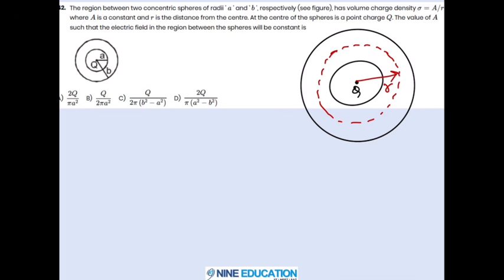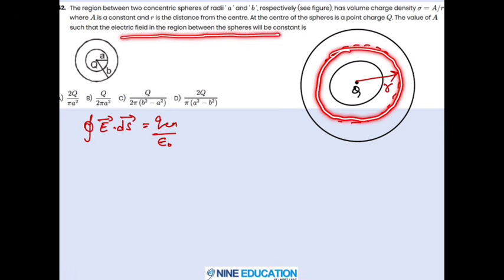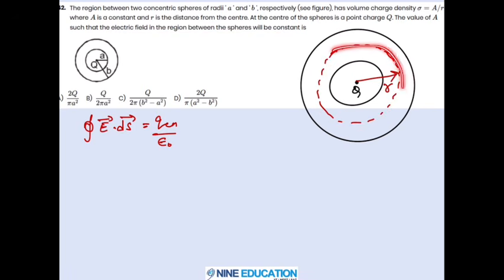So what is it? Closed integral of E dot ds is equal to Q enclosed by epsilon naught. Correct? Now it is clearly stating that the electric field in the region between the spheres, that is electric field on this Gaussian surface, because this Gaussian surface is between the spheres, is constant.